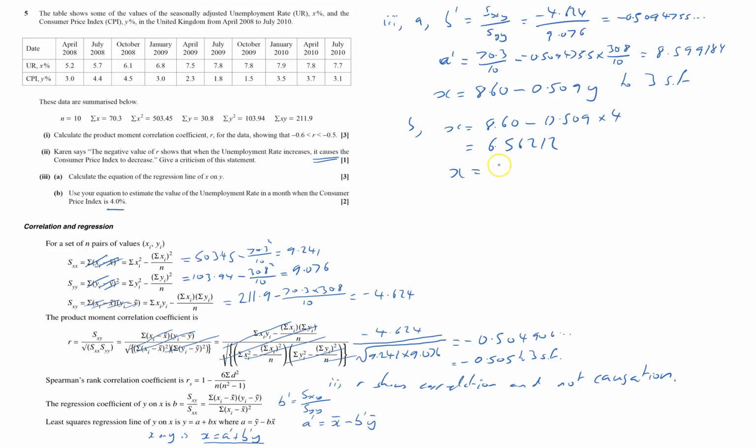So x equals 6.6 to two significant figures. And I put two significant figures here because these numbers here are all given to two significant figures, so I'll keep the same sort of accuracy. And that's question 5 done.